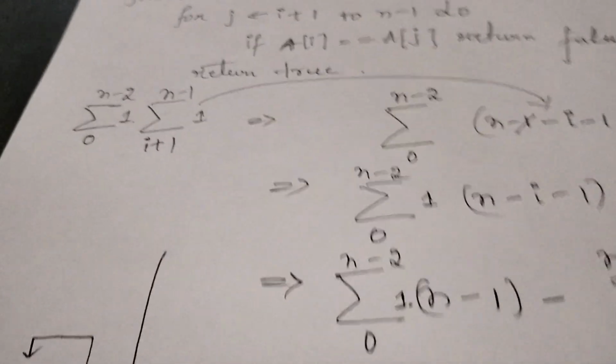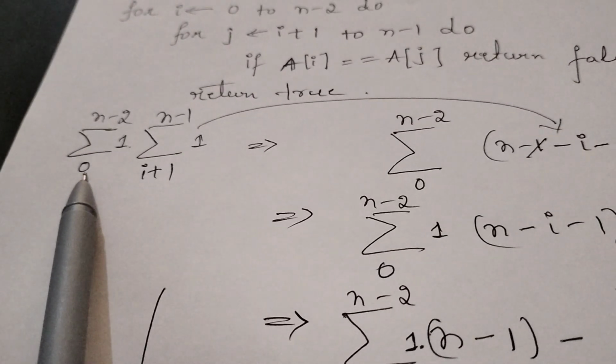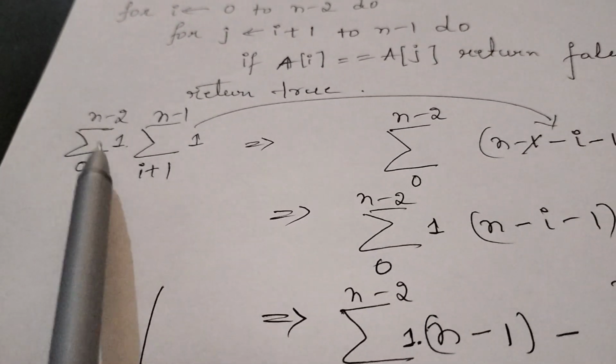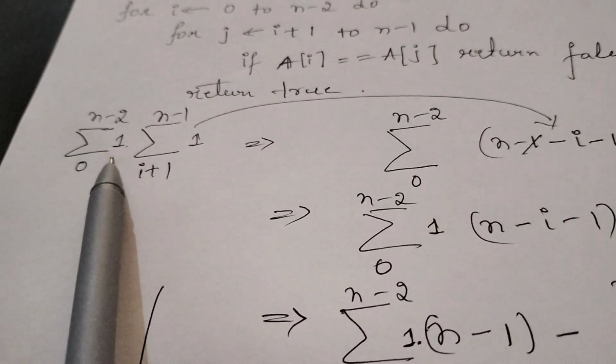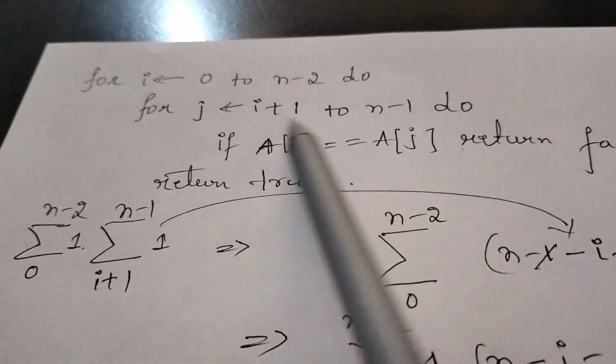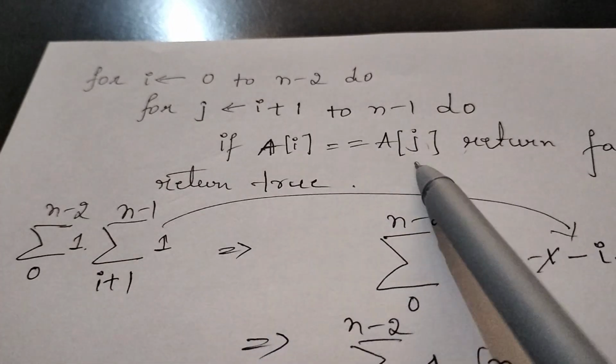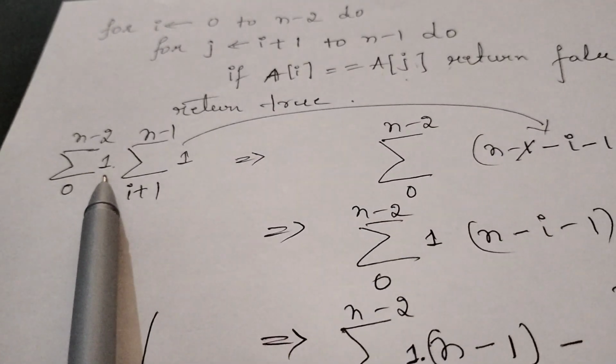And how do you find out the time complexity? We should write the sum for the i loop. The i loop is starting from 0 to n minus 2, and we should find out the basic operation. For each iteration, we are performing one basic operation, that is a of i equal to a of j. This we call a basic operation, and there is only one basic operation.